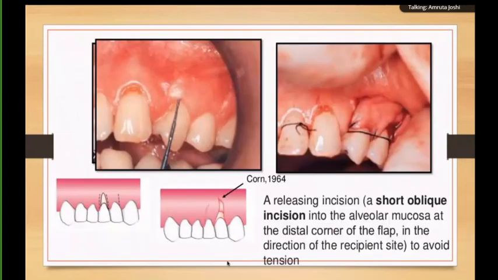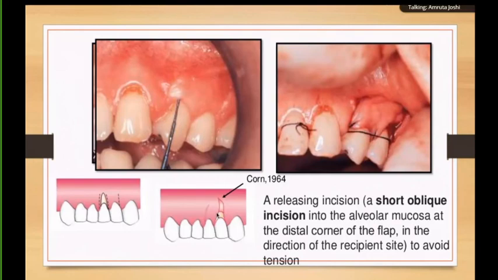So in this picture you can see how it is done. Here there is recession on the tooth. We have given vertical incisions on the adjacent tooth, and we have placed that flap with the base attached on the adjacent tooth with recession.